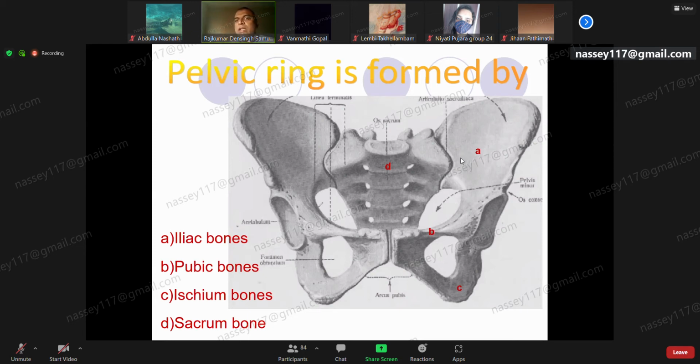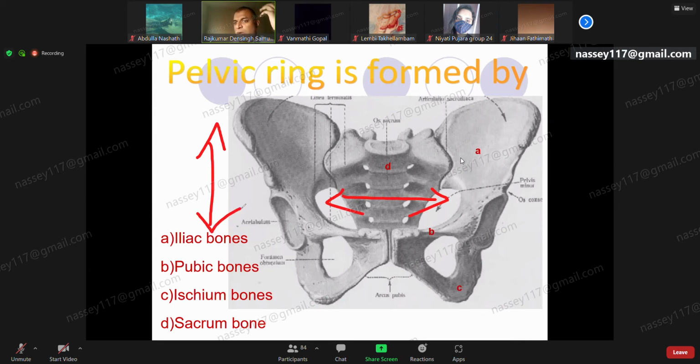Unstable has two variants of instability. What are the two variants? The patient can have horizontal instability, or vertical instability.